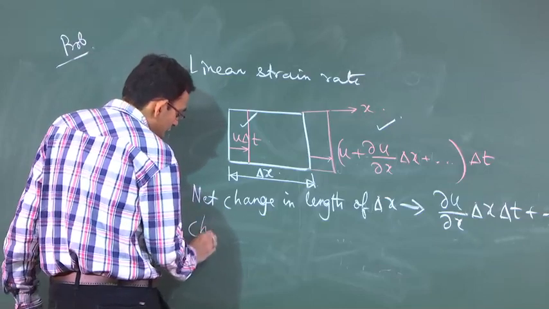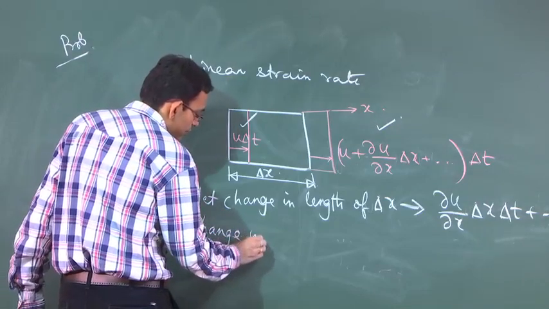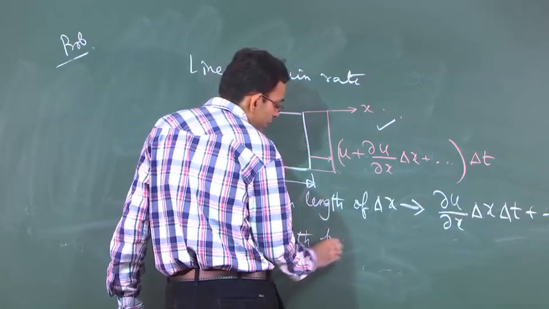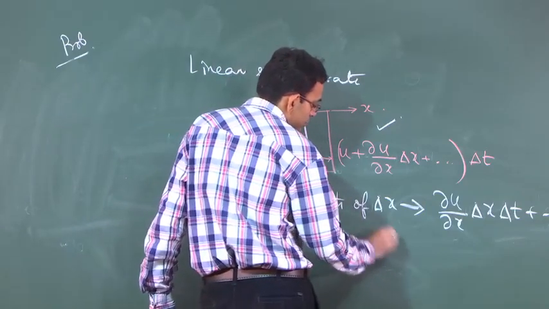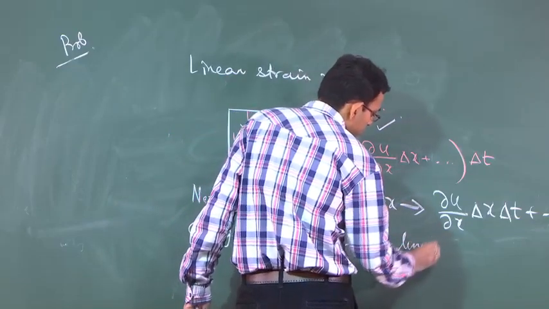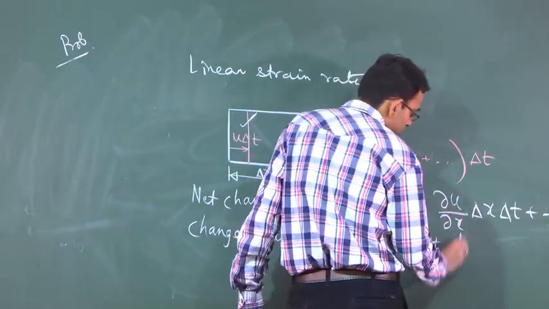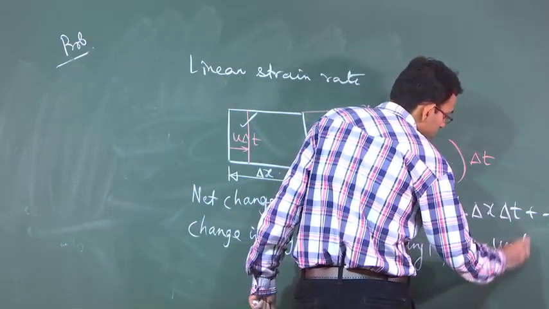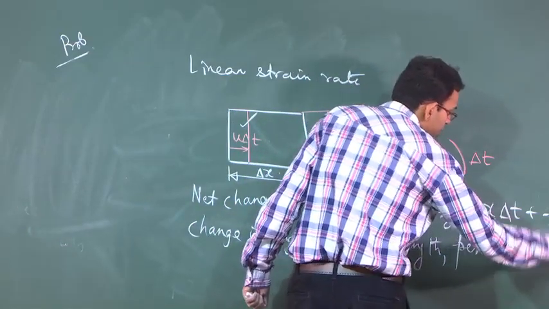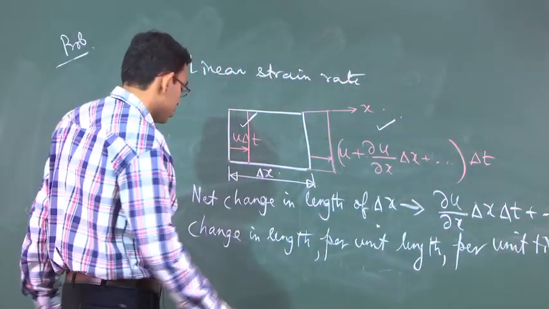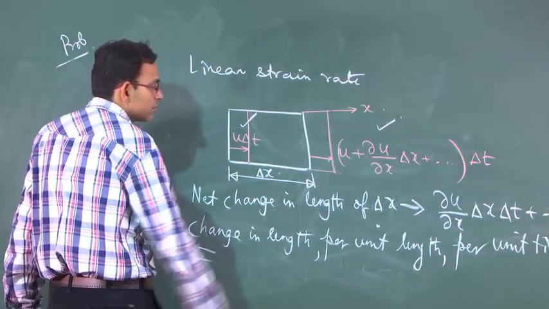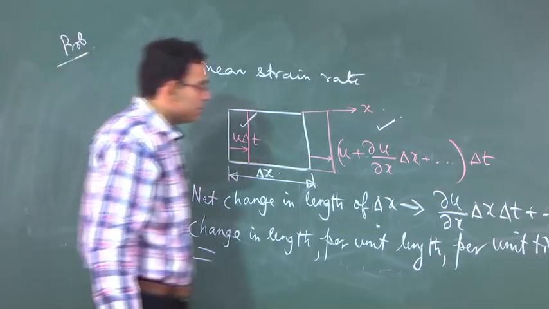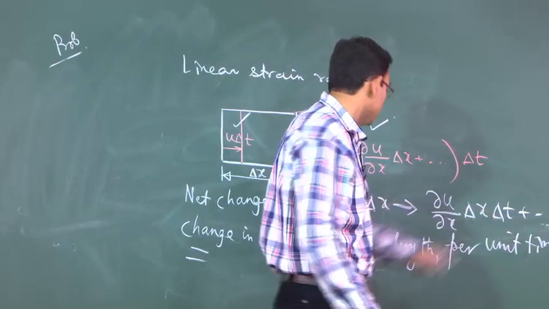So change in length per unit length per unit time is the strain rate along x. So this is what? Change in length per unit time.